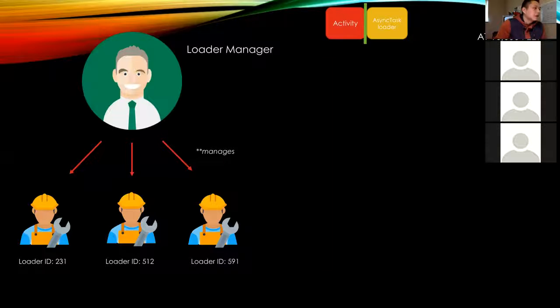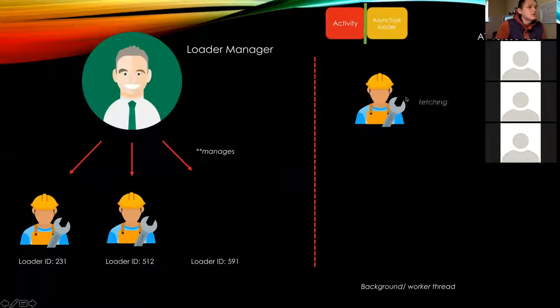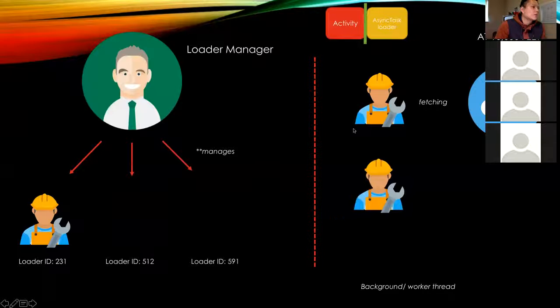Okay, now you got this background task here, right? And this guy can go off and say, "Hey, rendering this," okay, and this guy can go off and render this.